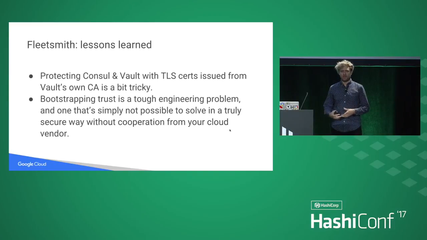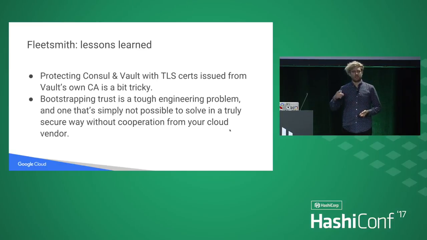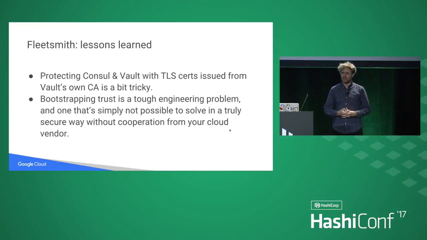Until today, it was pretty cumbersome to actually bootstrap all that yourself. It's a lot easier now. One of the things that the Google Cloud team actually released today is a Terraform module that automates all of that for you. So that's a really nice improvement.